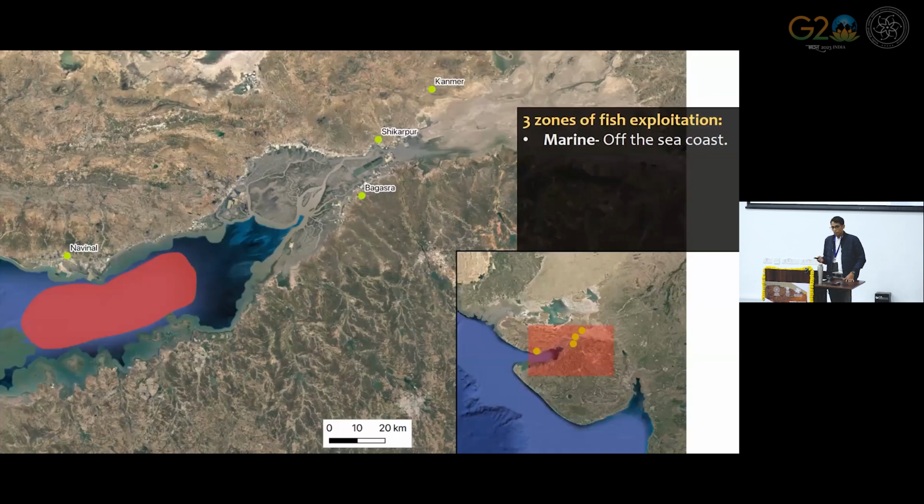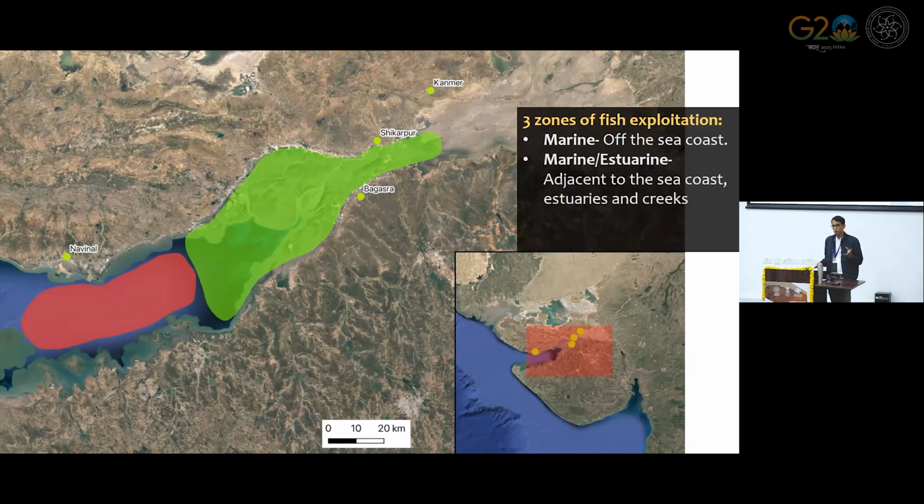Based on the species identified, we can estimate some kind of zones of fish exploitation. One area is marine, something like off the seacoast, we can say deep sea fishing, and we have very little fish coming from this area. Most of the fish was coming from this particular area, that is marine, or we can say estuarine environment, or the places adjacent to the sea coast and the creeks around.